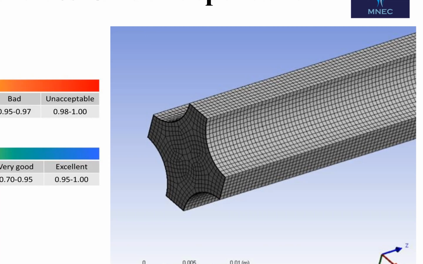If these values are within a close range, then you can say that your computational fluid dynamics result, or the ANSYS Fluent result, is accurate, and you can use it for further use.